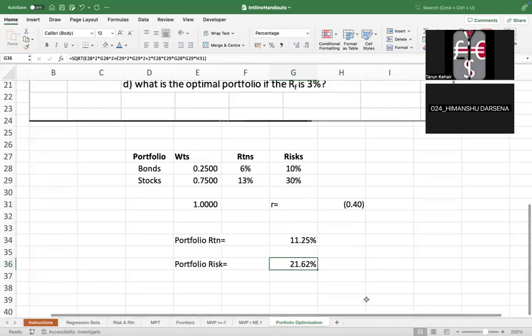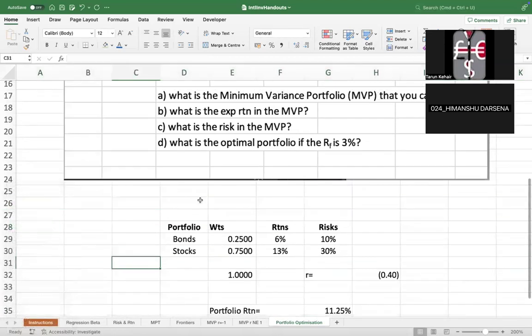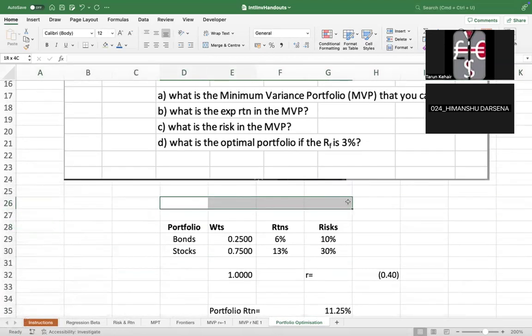Now, this was our base case. So I'm just going to focus on the MVP first.